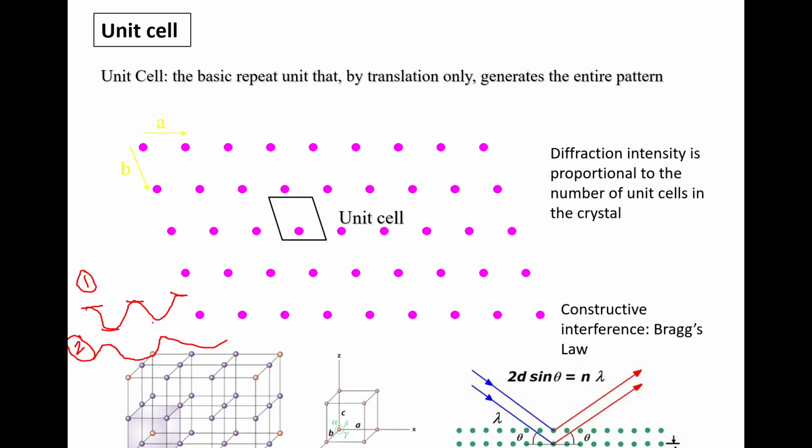Now, if you add up these two waves, they will cancel out one another, because here it is a trough and here it is a crest, right? So this trough will cancel out this crest, because the increase and decrease, if you add them together, will subtract from one another and give you 0. So that is a destructive interference.